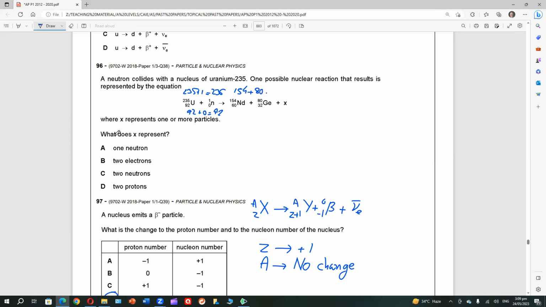So will there be two neutrons, because the nucleon number is changing? The proton number is the same, 92. I think we should compare the totals. The left hand side total is 236. What's the right hand side? 154 plus 80.